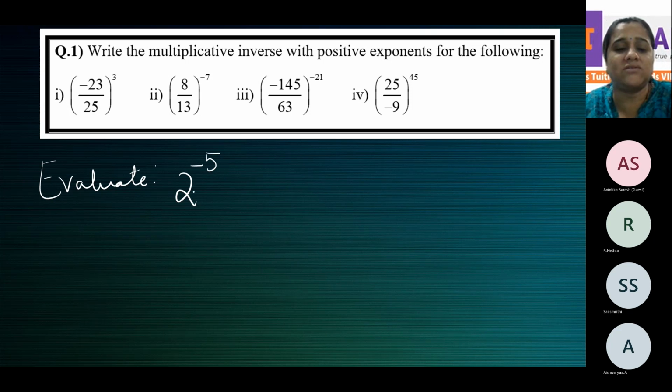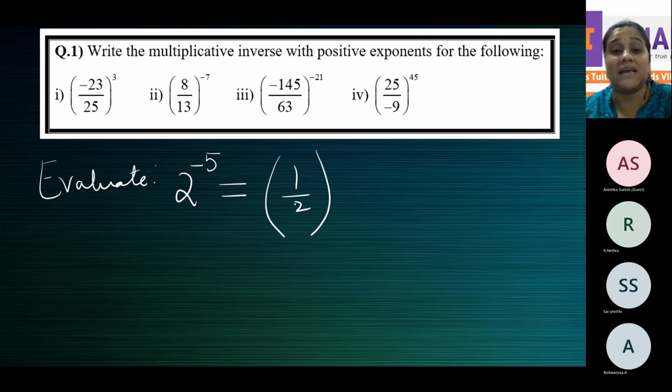So how do you understand this? You should multiply the base 2 with itself minus 5 times. How will you write that? It's not possible. So to find the value, it is important that the power is positive. So what is the other way of writing this? Take the reciprocal of the base and write the negative of the power.